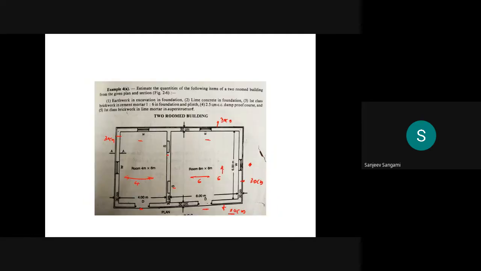We'll work out this problem in the next class. It requires more time. One by one, we will go through it. Normally, by looking at this, you will get two long walls along this direction and three short walls. So initially, always remember, don't deduct the doors and windows or shelves initially.